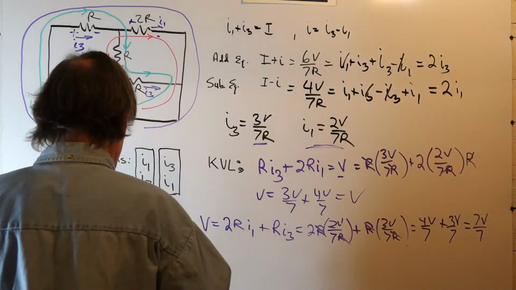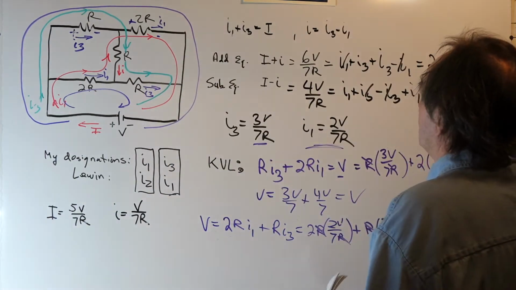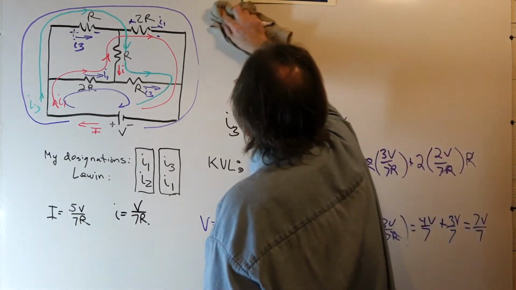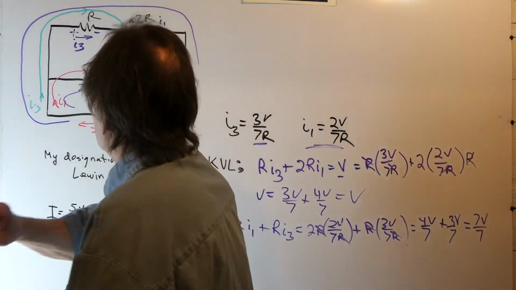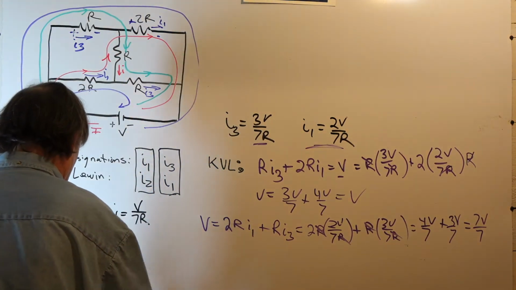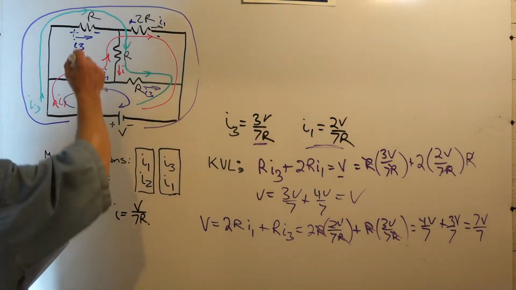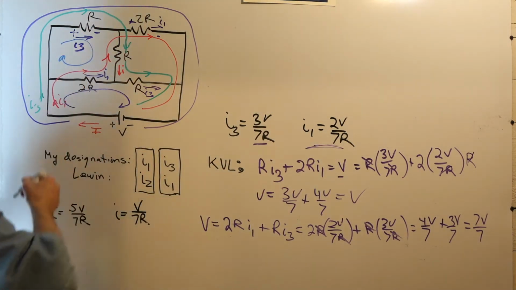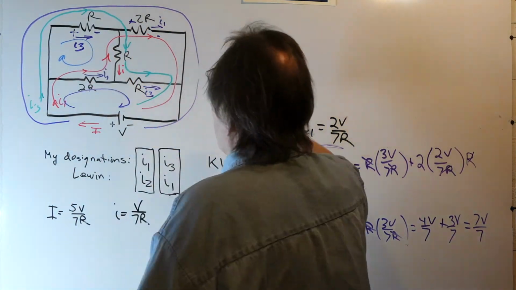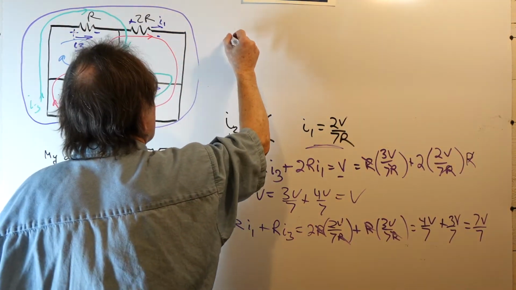Well, I'll just do one more loop here. Let's do the upper left loop, just to show you. So going in the upper left loop here, I'm going to go around in this loop like that. There's no voltage source in this loop, so the sum of the voltage across all the resistors better be equal to 0.